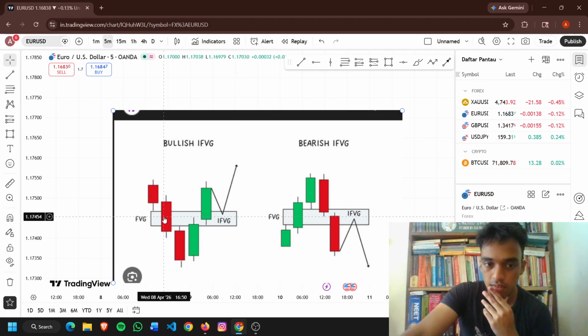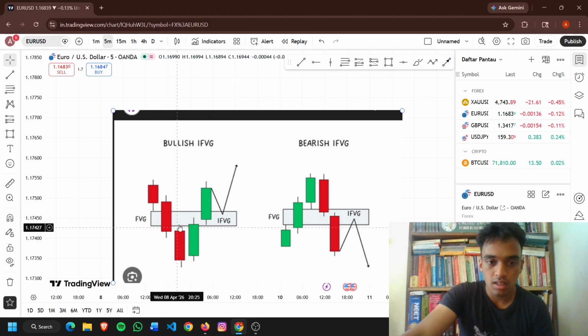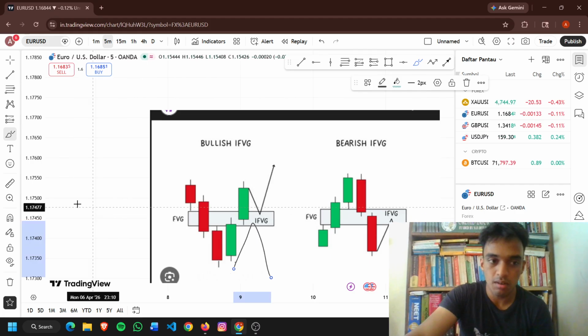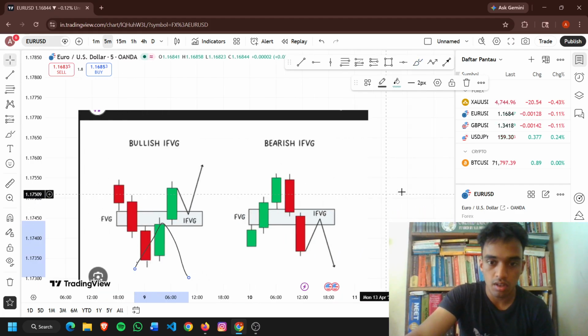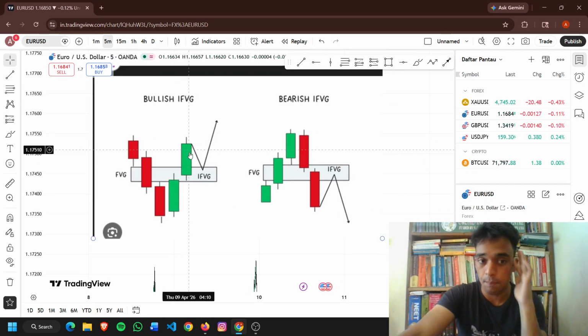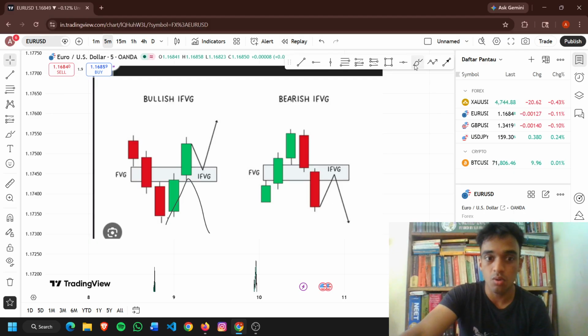So see this, you get a fair value gap. Usually what happens, the market should come and tap here and go down. But this time the market just does the opposite. Instead of coming down, it will go up.